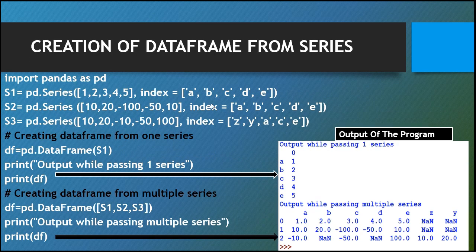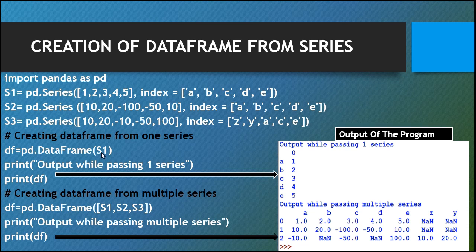Now let us create a data frame from series. You already know how to create a series, and in this example we have created 3 series in the same way. For all these 3 series we have created different elements and passed the index parameter. Now first we create the data frame from one series, and for this we have passed only a single series S1 in the data frame.